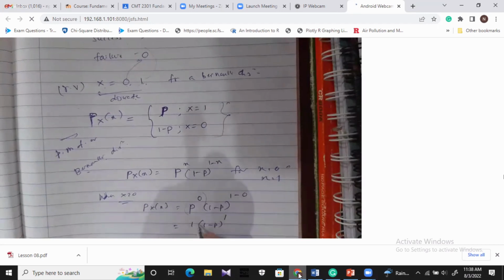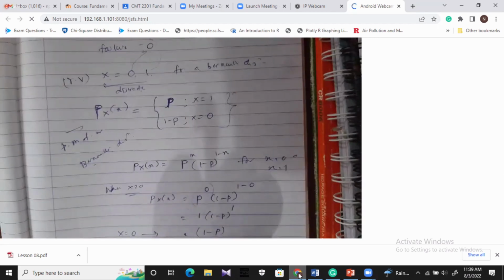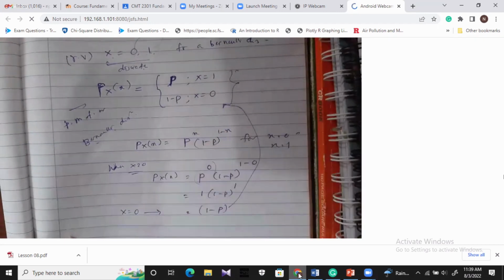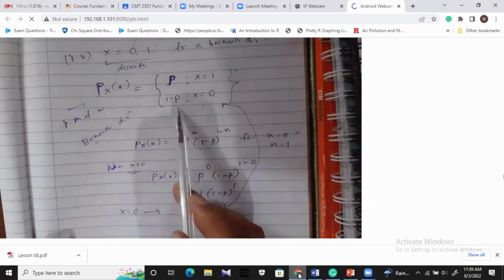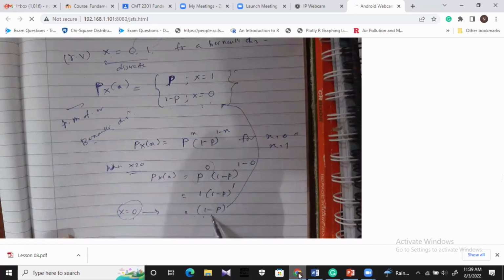Therefore, 1 times (1 minus p) gives 1 minus p. That means when x equals 0, the probability of a failure is 1 minus p. We have got the same answer as before. When x equals 0, the probability is 1 minus p. If we substitute x equals 0 in the function, we get 1 minus p. That is the probability of a failure.